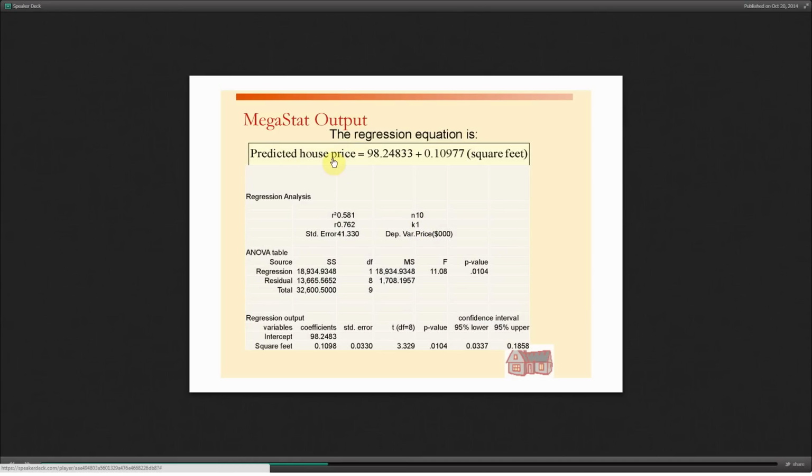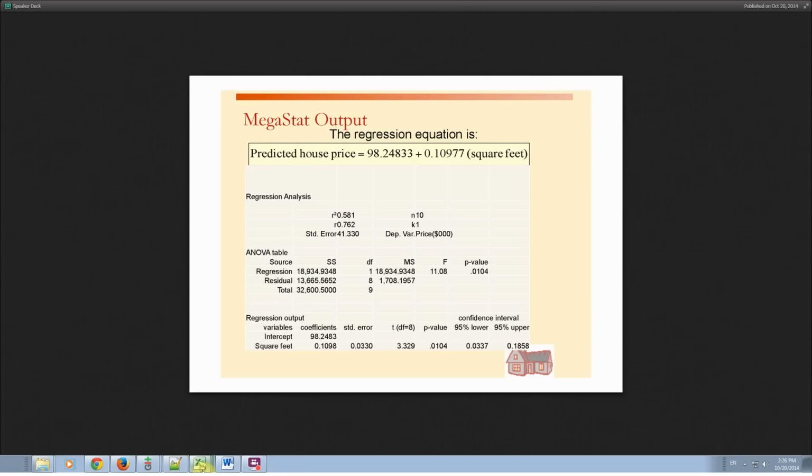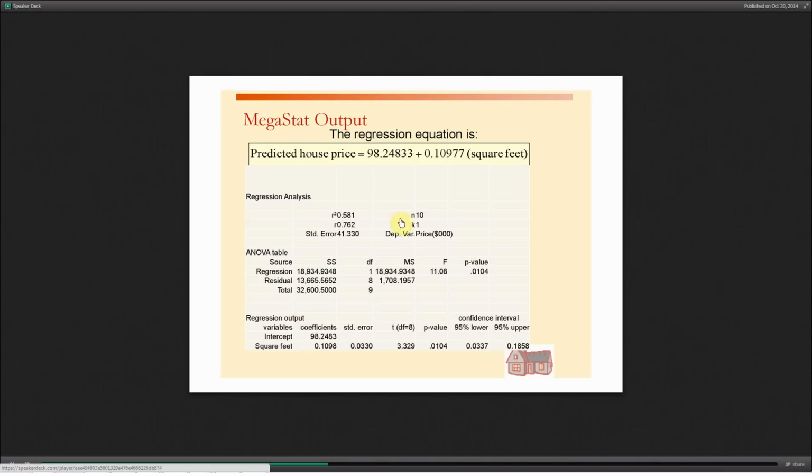The predicted house price is 98.24833, which is exactly the same as in the trend line equation, plus the slope estimate of 0.010977. If these values aren't the same, it's simply because I used different data, but in this case they're about the same. I might have a few more digits of precision here.